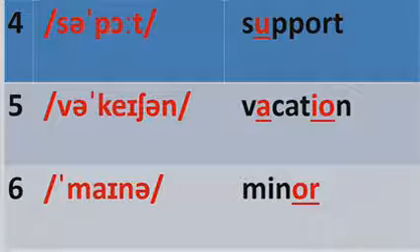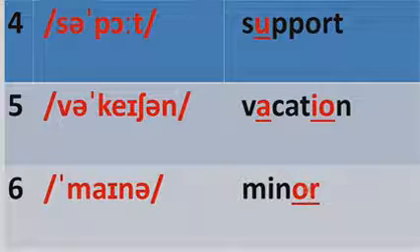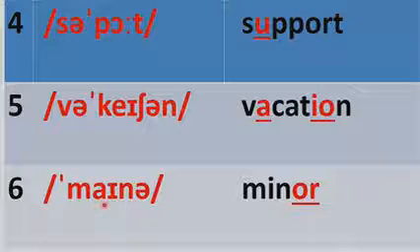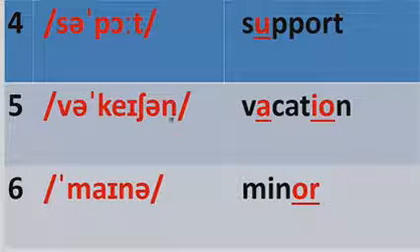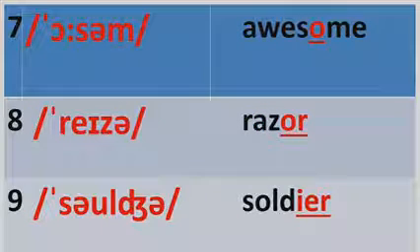In number 5, schwa is found in 2 places. The first is letters IO, the second one is letter A, and this is pronounced vacation. In number 6, we have OR giving us the schwa, and it is pronounced minor. Can we call the words support, vacation, minor? That is interesting. In number 7, what is the letter giving us the schwa?